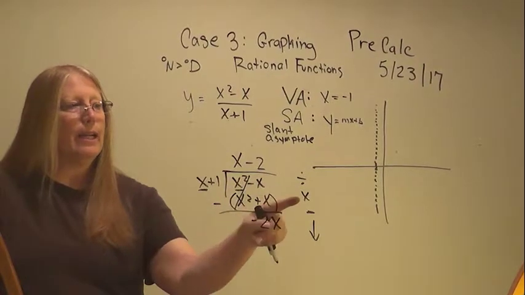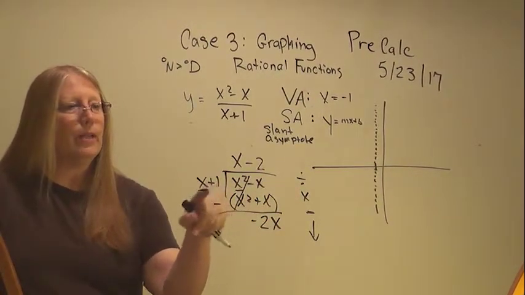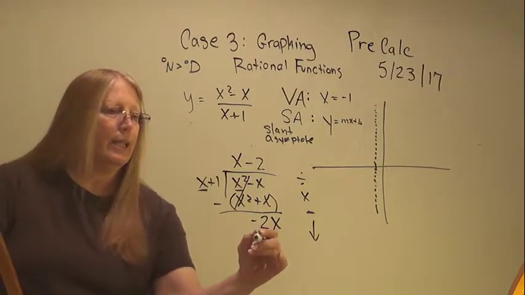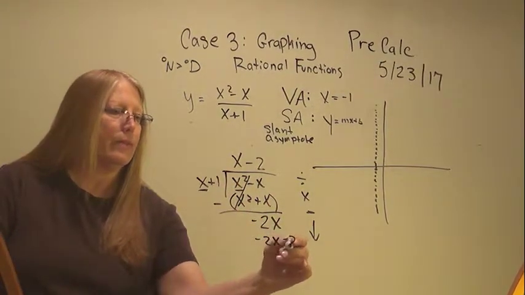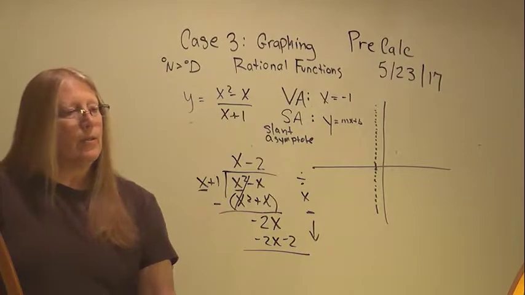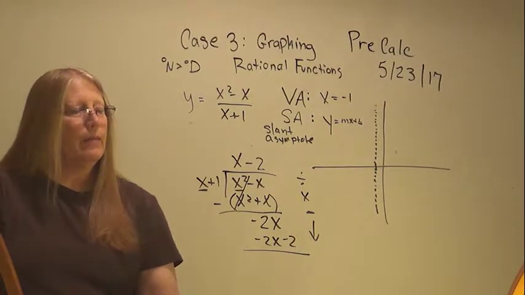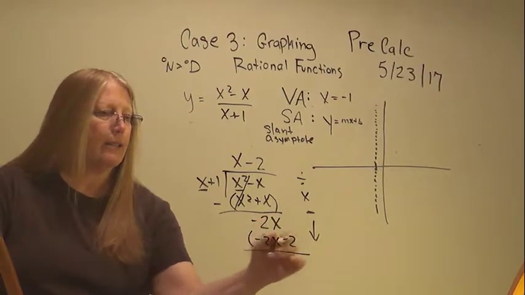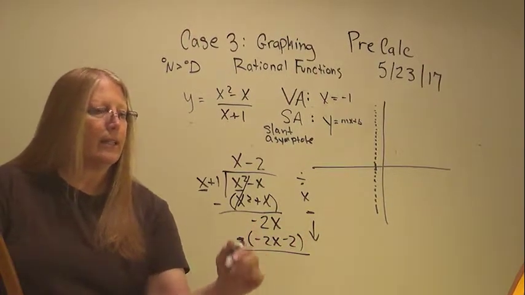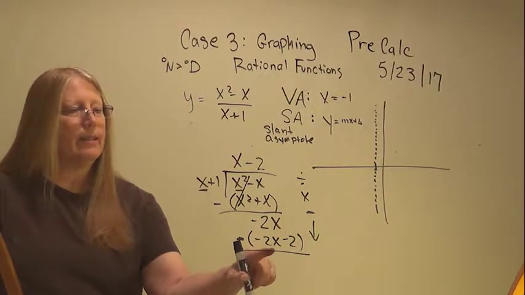Now we multiply this whole thing by negative 2. We get negative 2x and a minus 2. Alright, there's nothing more to bring down, but before I do that I have to subtract. So I'm going to subtract. This negative makes this a positive.